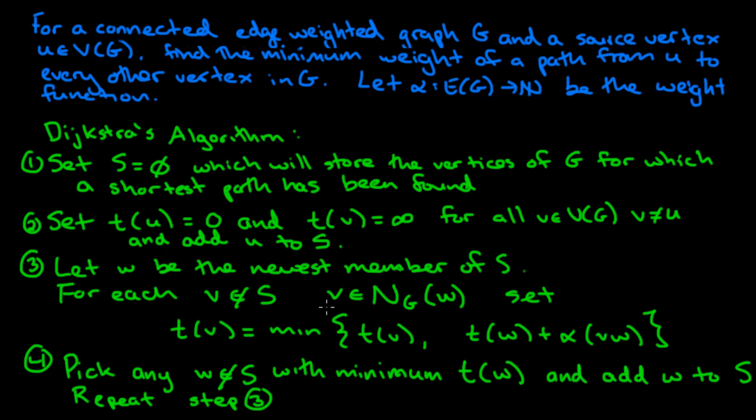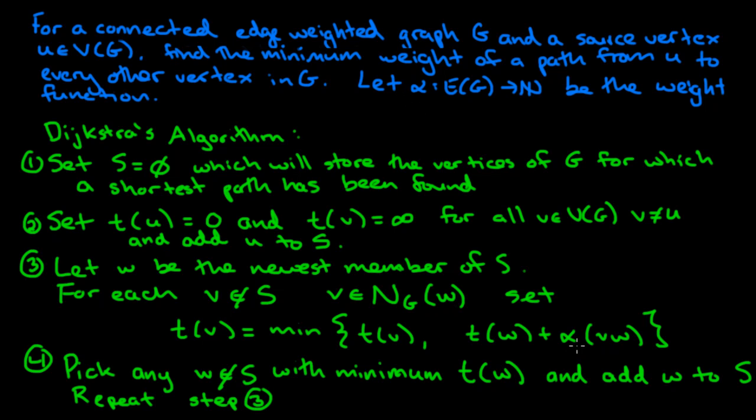So for every vertex that's in the neighborhood of this newest member, which is not already solved, we take a look at its label. And what this says is you want to reset the label to be the minimum of whatever its label was before and whatever the label of the last vertex was, together with the edge from V to W. We know this exists because V is in the neighborhood of W, which means that there is an edge VW, and it is definitely weighted with some weight alpha of that edge VW.